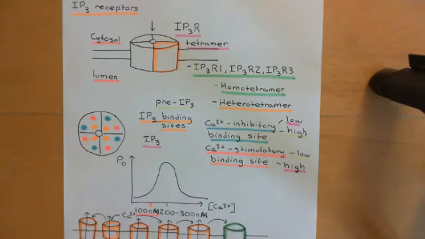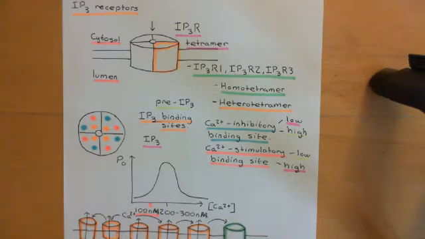That causes a conformational change in each of the four subunits, which then leads to the inhibitory binding site losing its affinity for calcium, becoming a much lower affinity binding site for calcium, and the stimulatory calcium binding site gaining affinity for calcium, becoming a much higher affinity calcium binding site. So now what has to happen is four calciums from the cytoplasm have to bind to these four calcium binding sites, the stimulatory ones, that is.